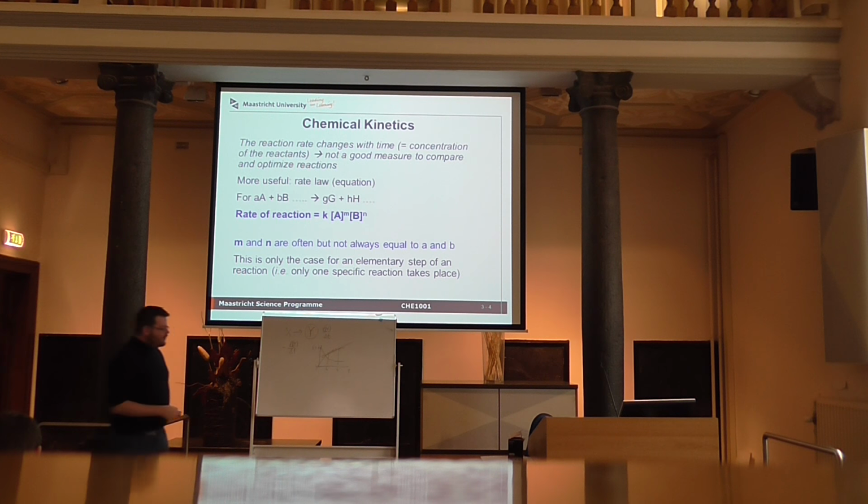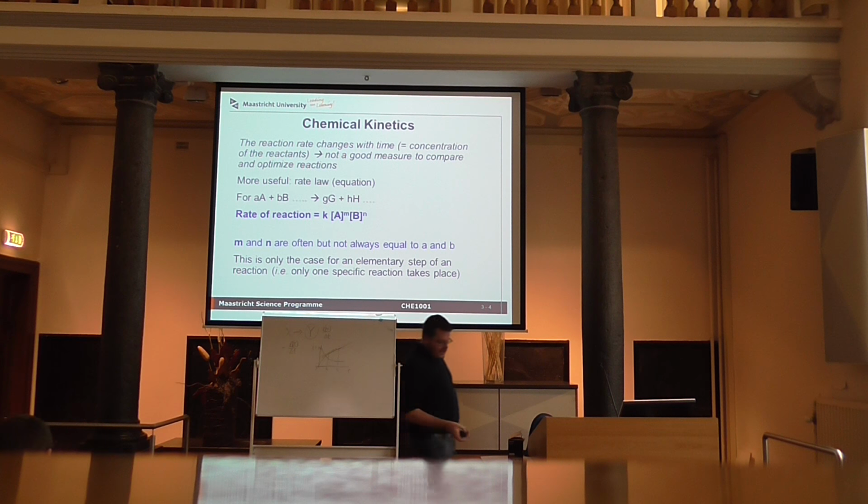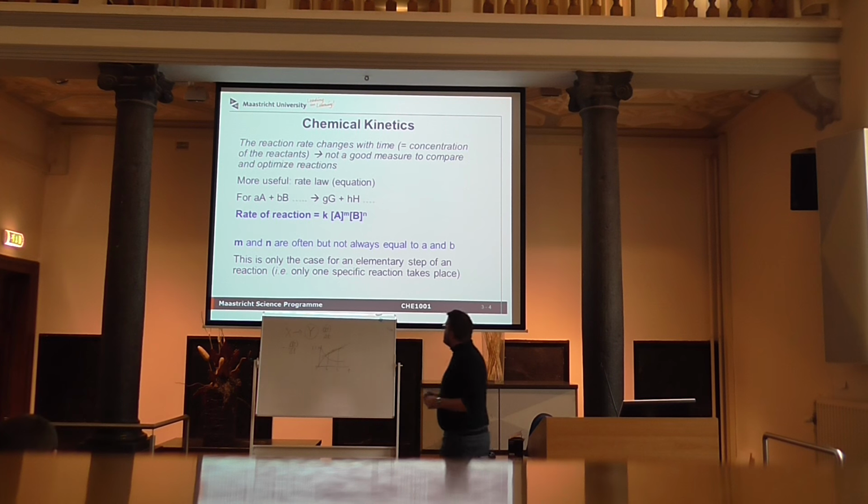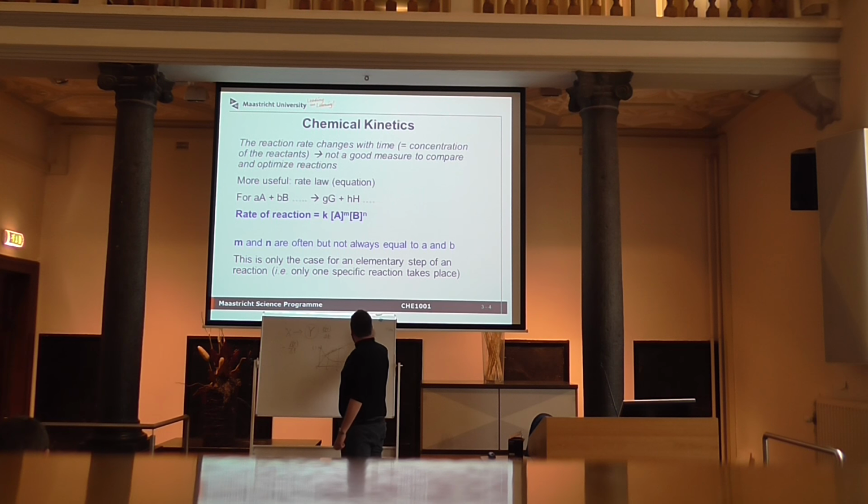So let's say, for example, I have some arbitrary reaction, A plus B forms C plus D. The rate law is simply k[A]^m[B]^n. That's the general rate law.